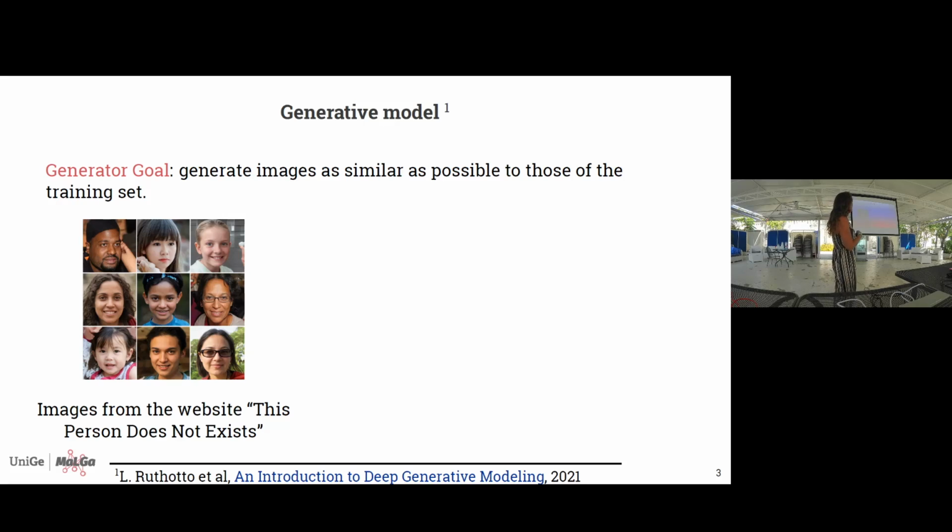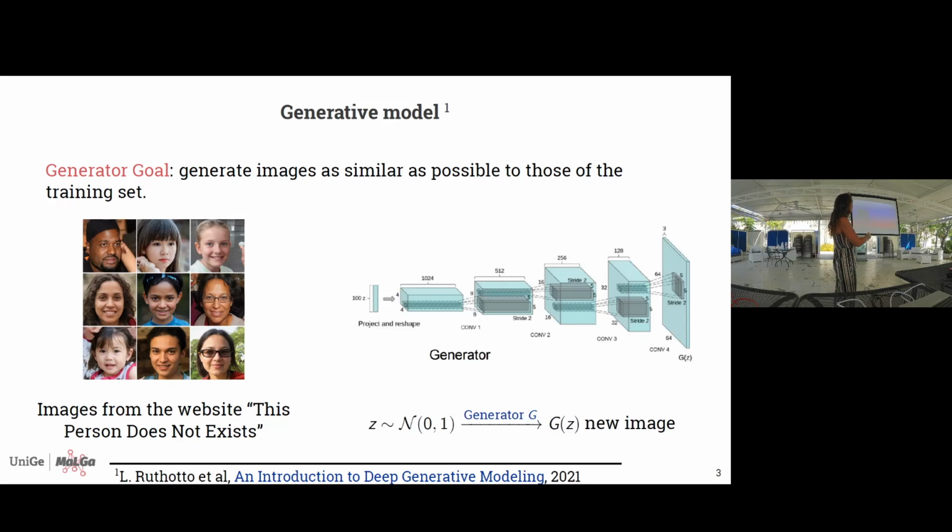We use a structure like this one here, where we start with a little vector z that belongs to a simple and known distribution. In this case, z belongs to a normal distribution.